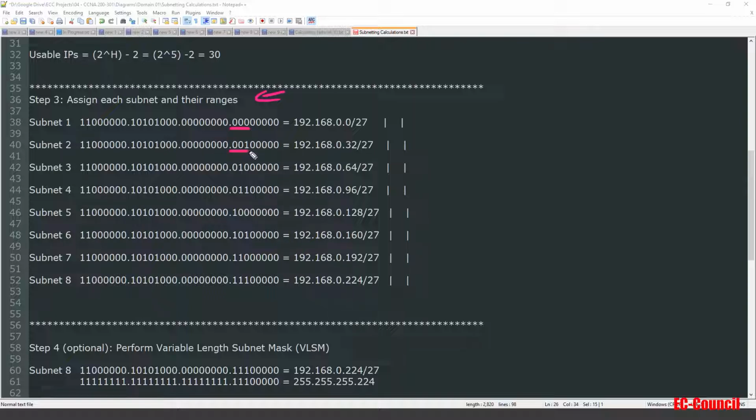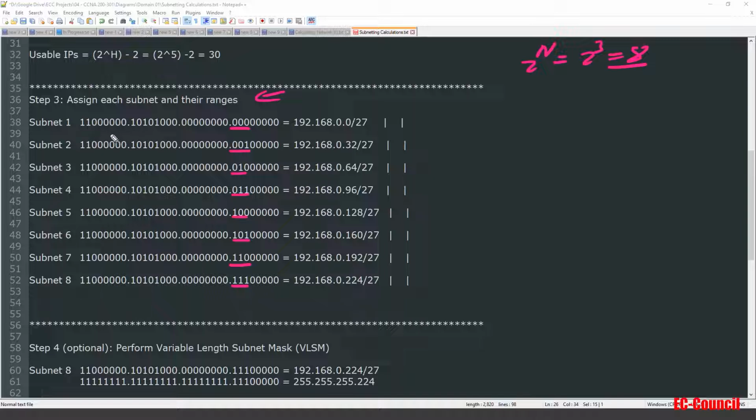The second thing that we can do is calculate our subnet number 2. Remember, we are only changing these 3 bits and creating the different possibilities that these 3 bits can generate. Based on our formula, 2 to the power n, we know that 2 to the 3 is equal to 8. So therefore we have to get a total of 8 networks. And looking closely, these are the 8 possibilities.